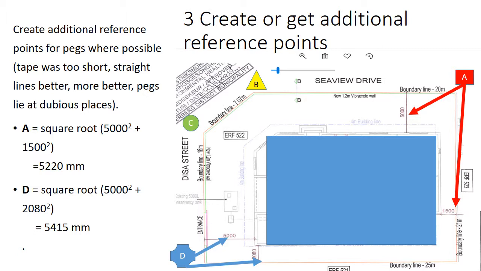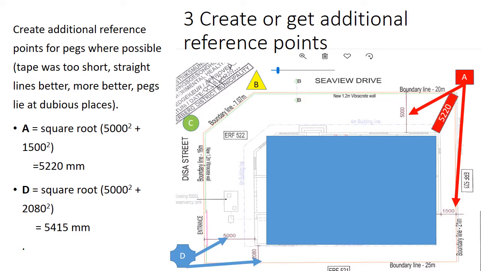You go further and then you try to get additional reference points. The more the merrier. The more reference points you have, the easier it becomes, and you have more certainty that there is the peg, especially if you go out and look at what's going on.